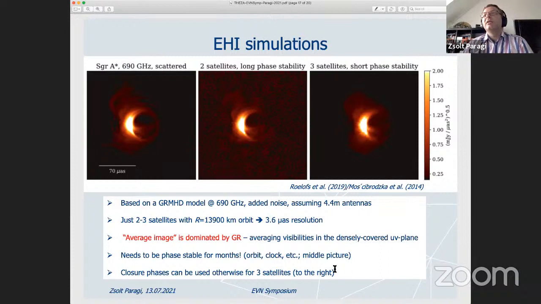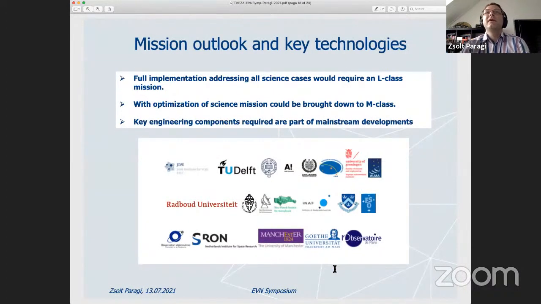And this was demonstrated by Frick, Zulofs and company. So I think these are very exciting science goals. Full implementation addressing all science cases would require an L-class mission.